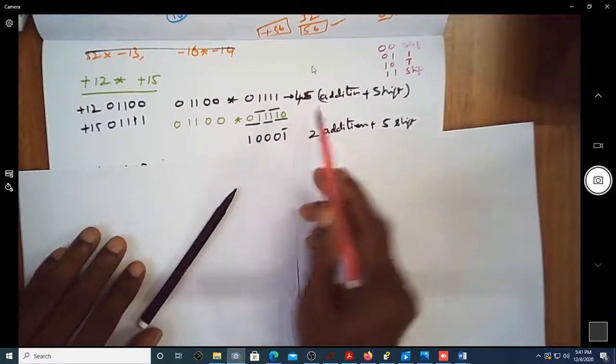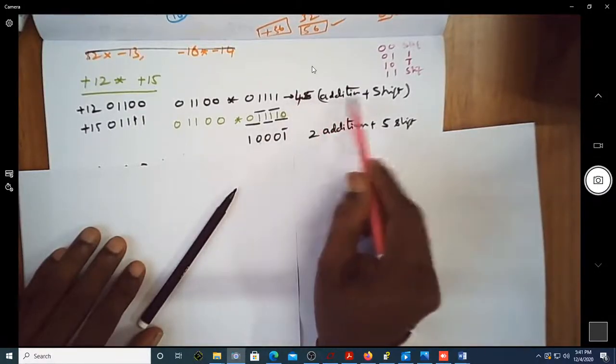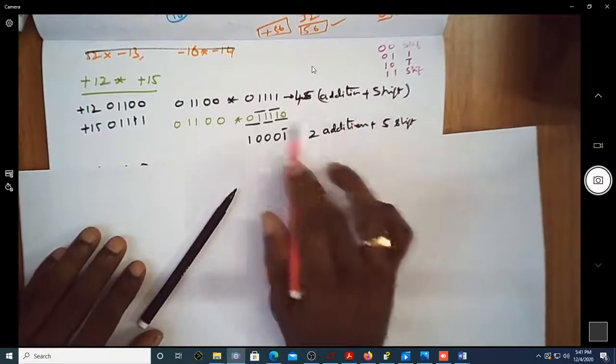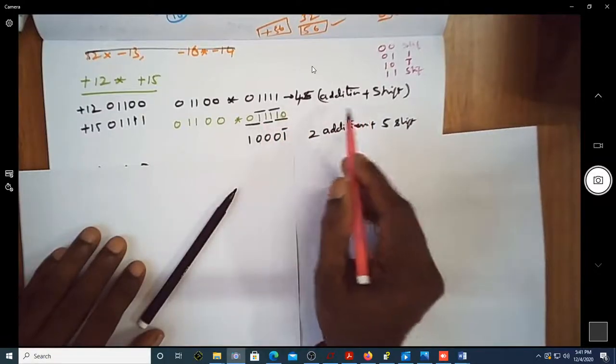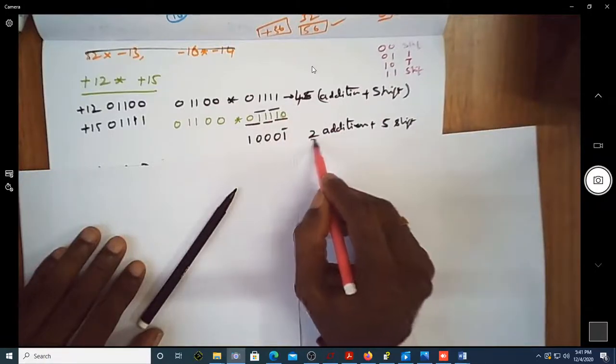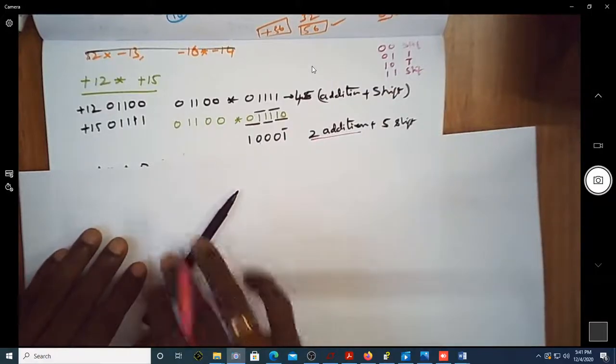If you see the difference between this and this, here you have 4 shift and add operations. Here you are left with only 2 additions, and the shiftings are there. In both cases it is the 5 shifts, but the number of additions is drastically reduced in this case.